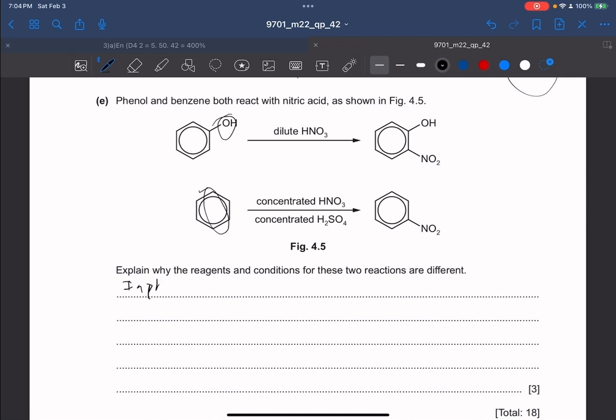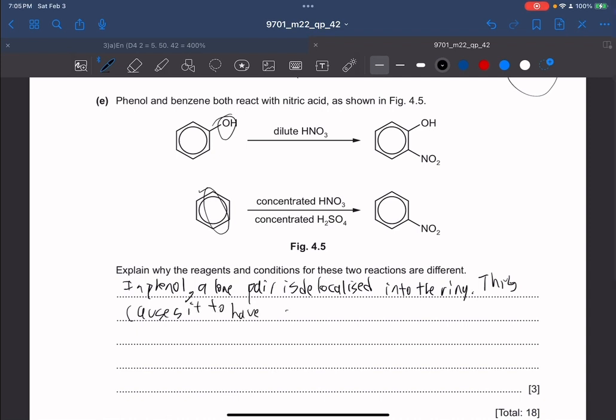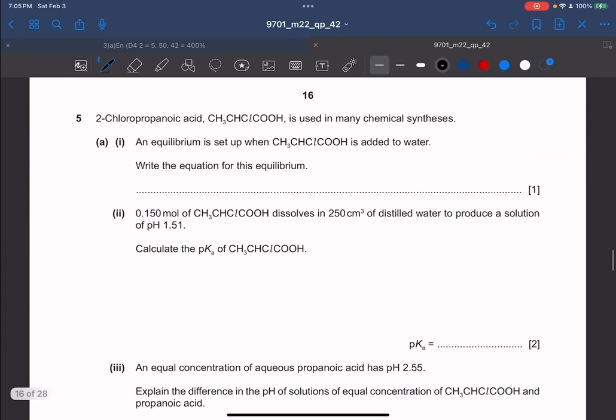In phenol, a lone pair, an electron donating group, is delocalized into the ring. This causes it to have a higher electron density, hence it attracts electrophiles better. Simple as that.